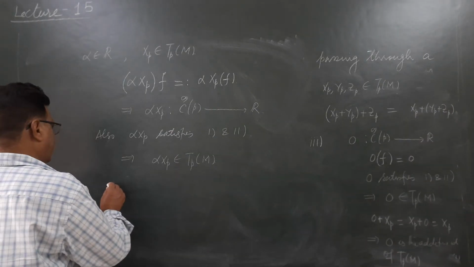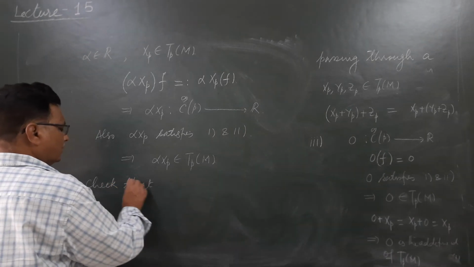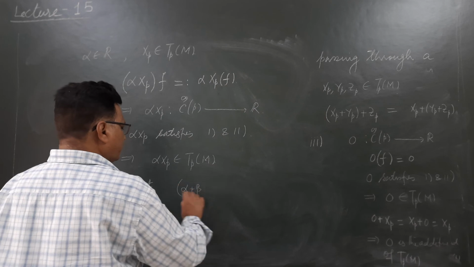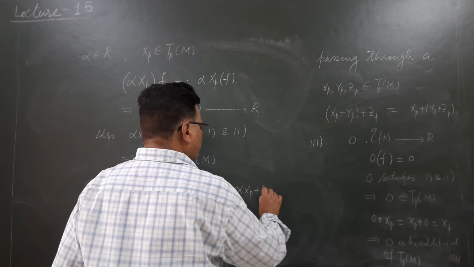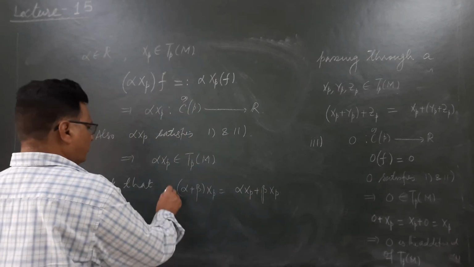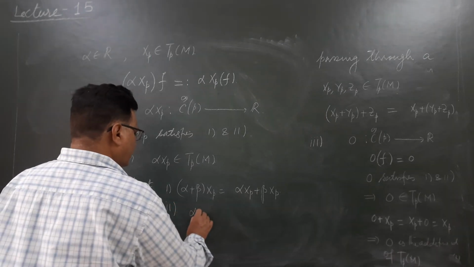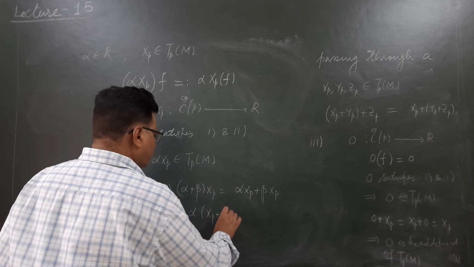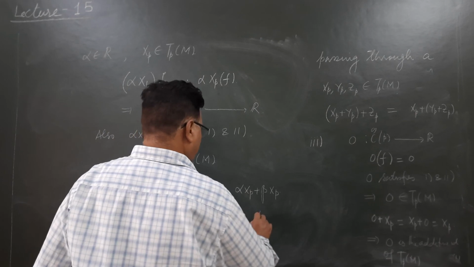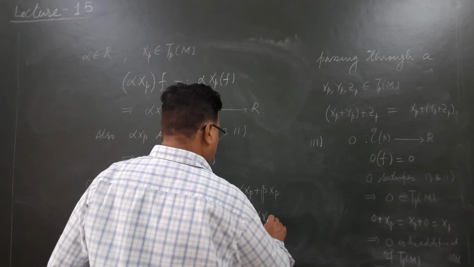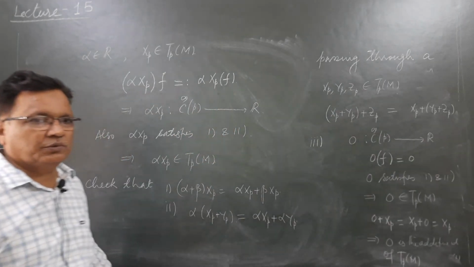So at this point we should also check that alpha plus beta times xp is equal to alpha xp plus beta xp. Number 1, this is called the distributive property. There is another distributive property. You take the sum of two tangent vectors and multiply it by a scalar alpha and see that it is equal to alpha xp plus alpha yp. The two distributive properties hold.